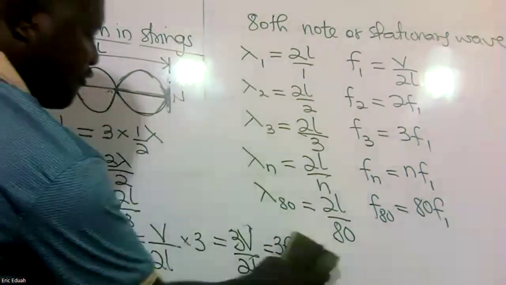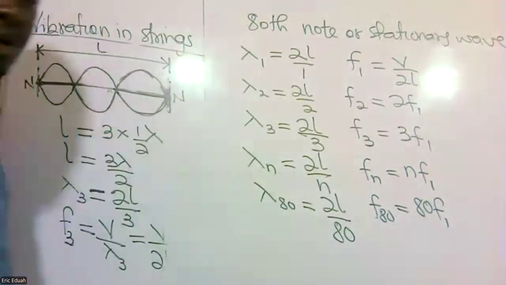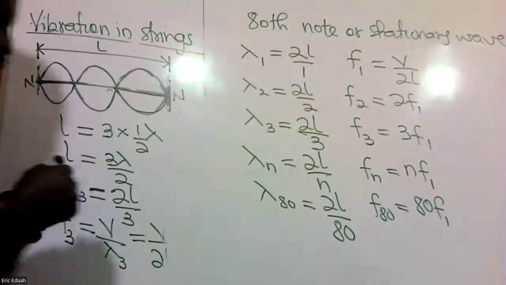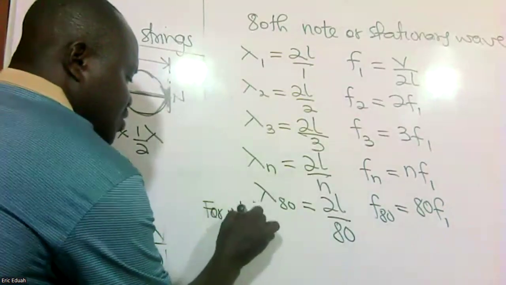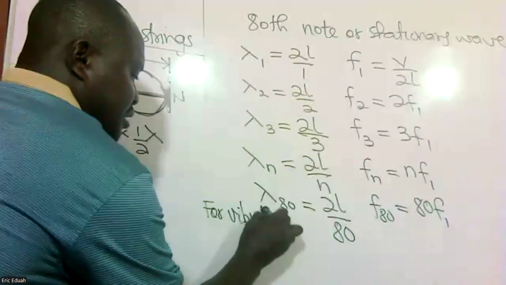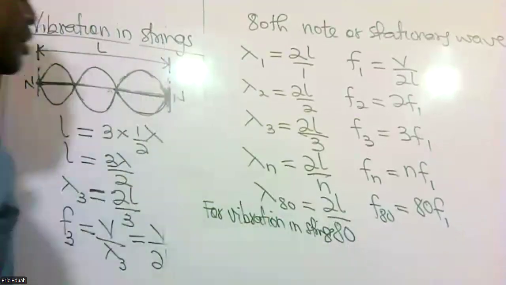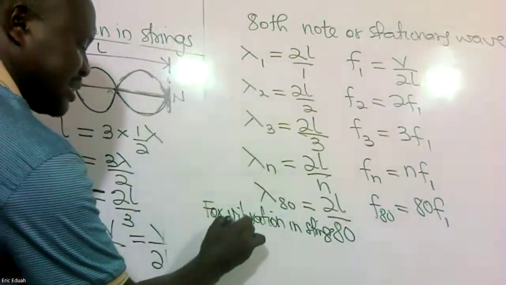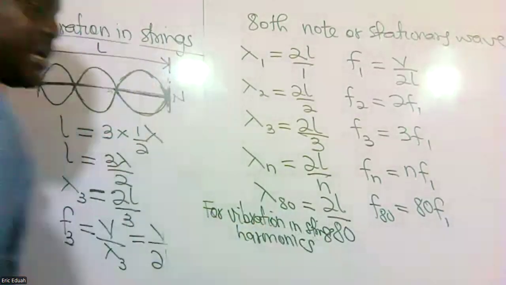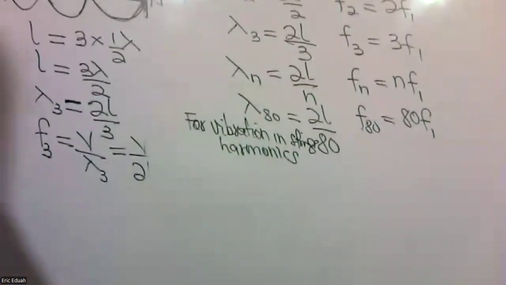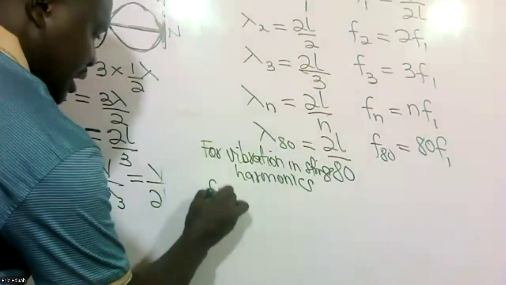Now, from what we've gone through, for vibration in strings, the harmonics, which are the frequencies, are both odd and even. Don't forget F1.